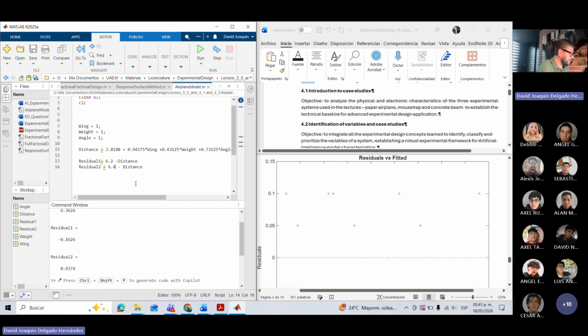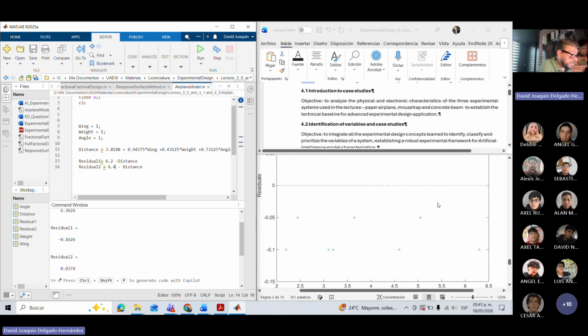These values, this 0.1626, it should be somewhere here. This other value, 0.0374, it should be somewhere here, okay? So these points, when you plot them in the graph, show you how good your model is. If they are spread all over the place, that is a good model.